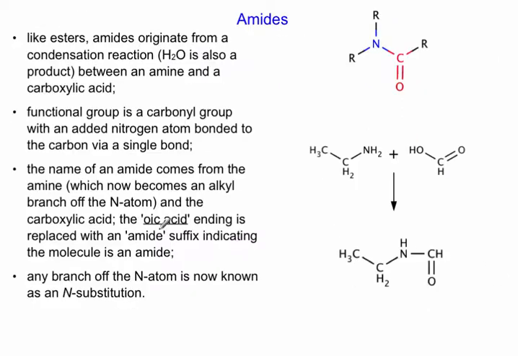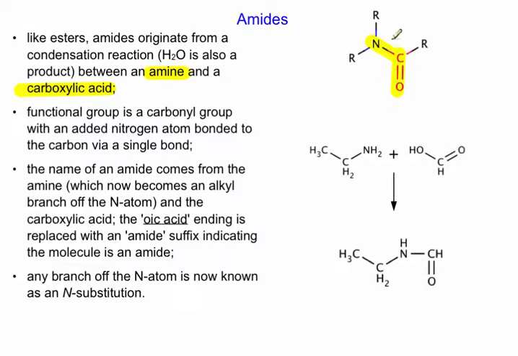So on to the amides. So amides, like esters, originate from a condensation reaction, but in this case it's between an amine and a carboxylic acid. And we can see that with the functional group. There's the C double bond O that originates with the carboxylic acid, and there's the bond to N that originates with the amine.